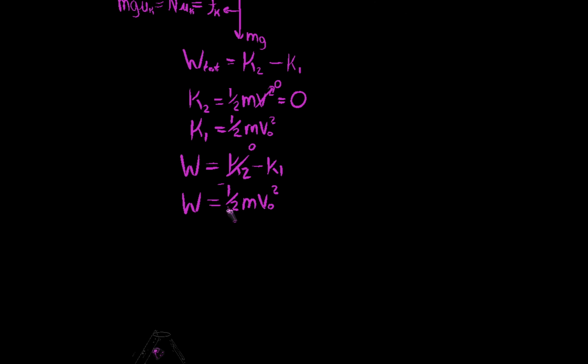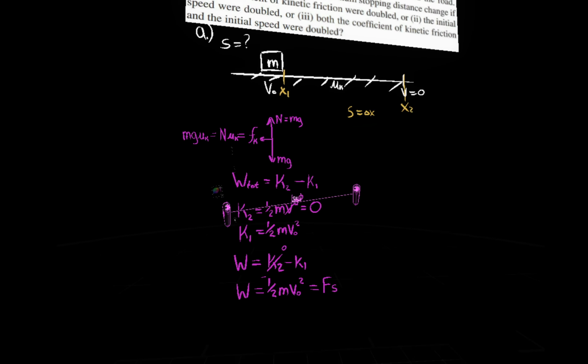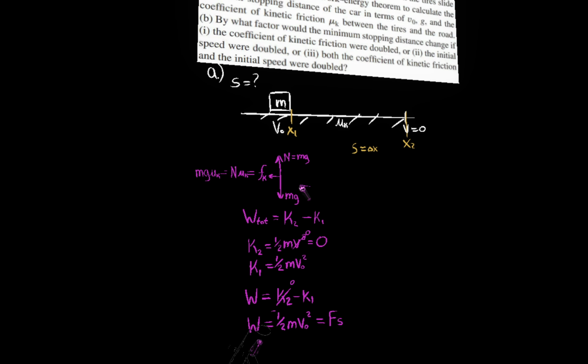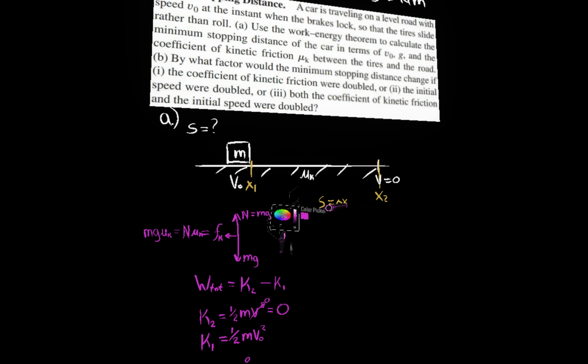And that's equal to, work is also equal to Fs, right? And so F, in this case, is the sum of the forces in the x direction, or the sum of the forces in the direction of motion.